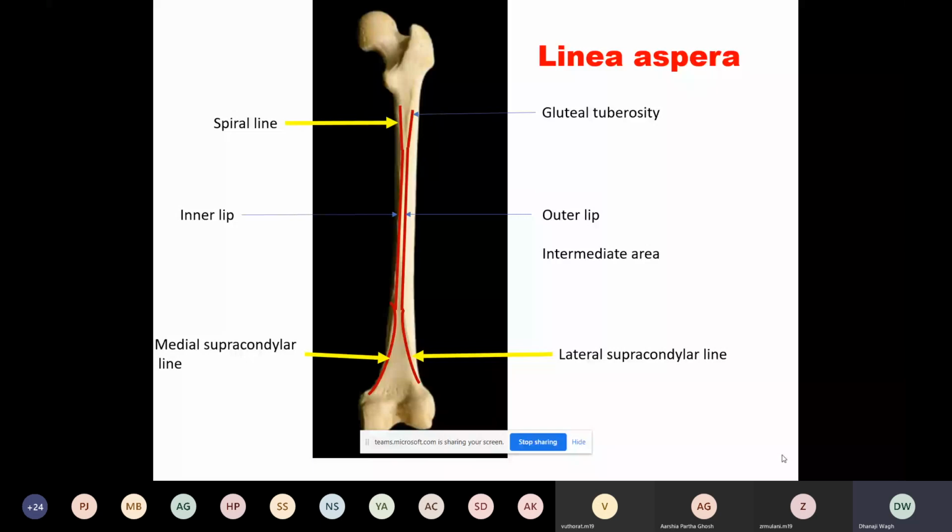Towards the lower side, the inner lip runs downwards and forms the medial supracondylar line, and on the lateral side, it forms the lateral supracondylar line. We'll see its attachments in detail next.